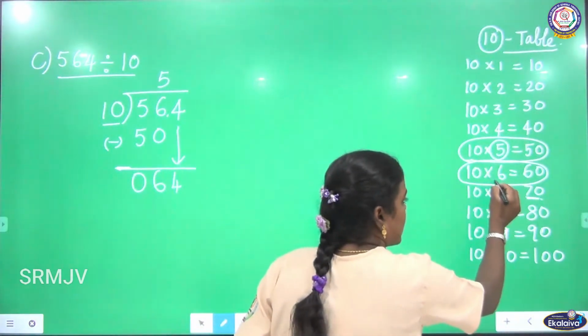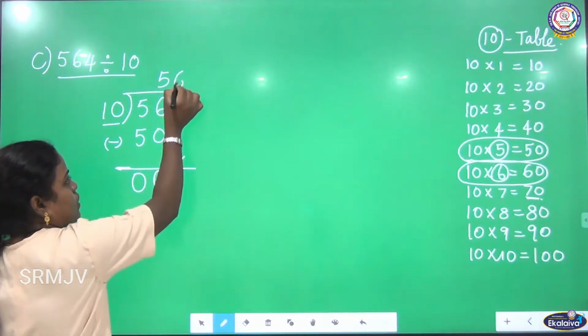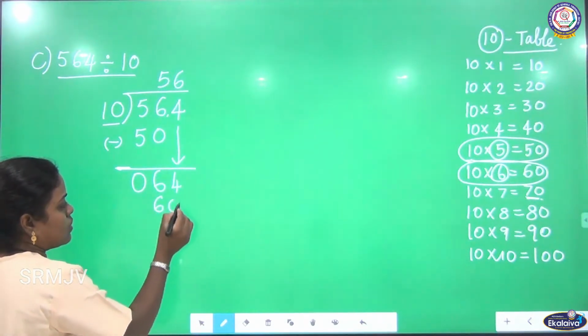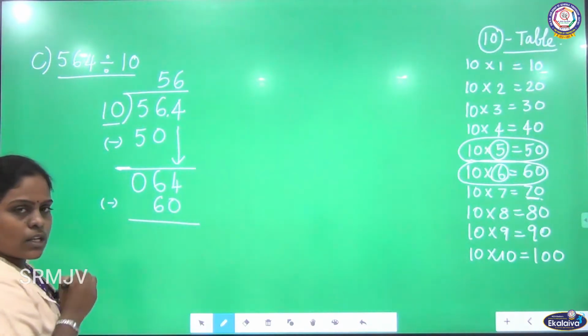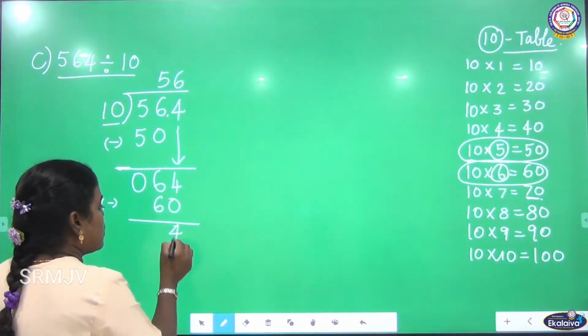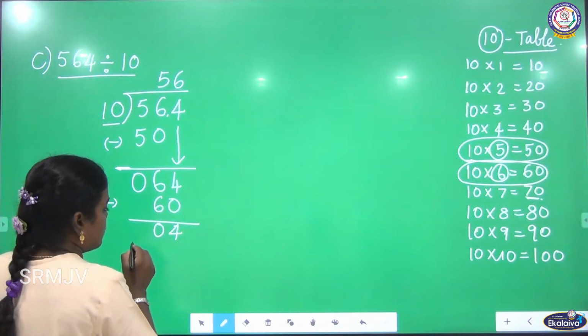So we are going to write 6 in the quotient, 60 below the number. Now subtract 4 minus 0, 4. 6 minus 6, it is 0.